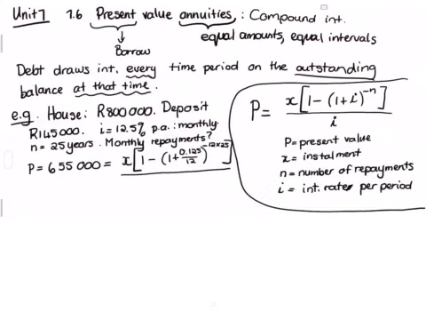So your n is number of repayments. And this is again 0.125 over 12. Now you can first take everything to the other side, but you could just work this right-hand side out without the X.